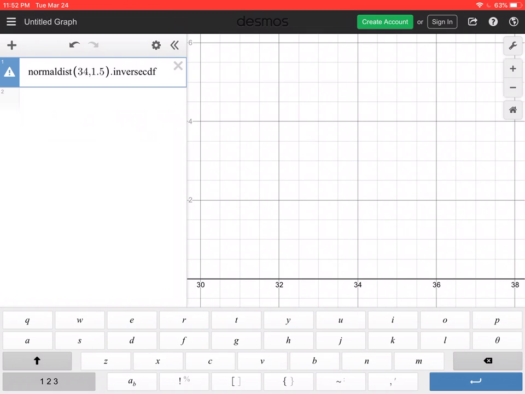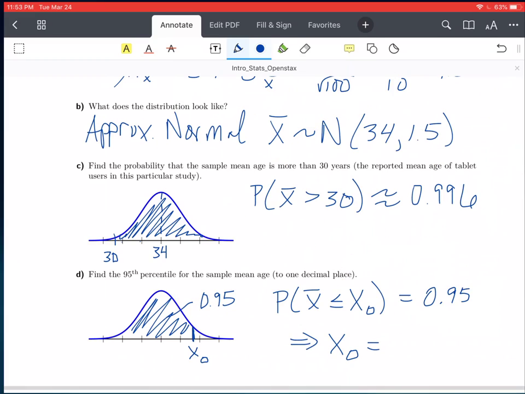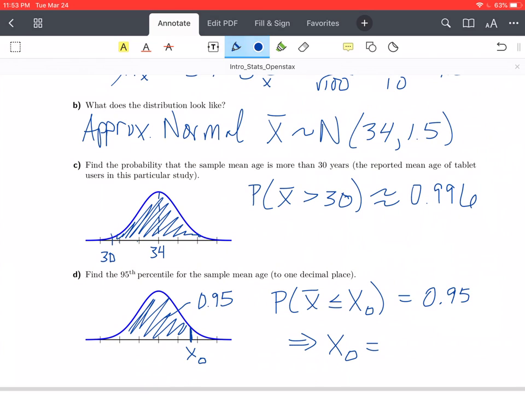Okay, and you can also find that in the function tab. And then type in what percentage you want it to have to the left of your value. And in this case, that's 0.95. And we get the value 36.467. And it said round to 1 decimal place, so that's going to be 36.5. So we get x naught is 36.5.